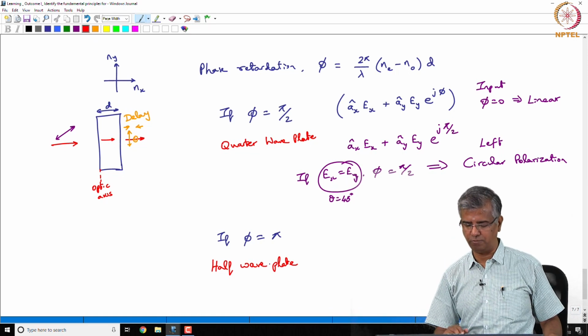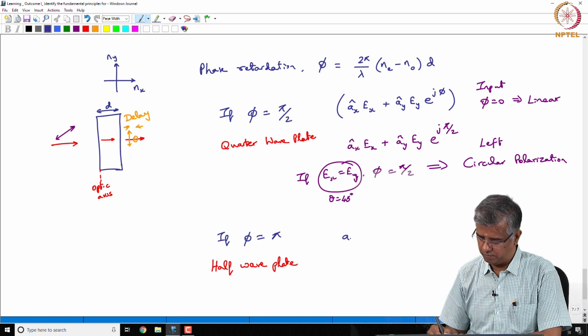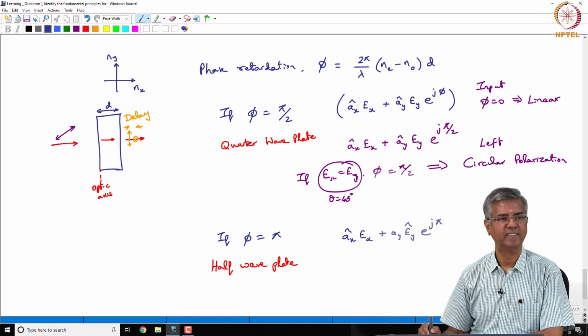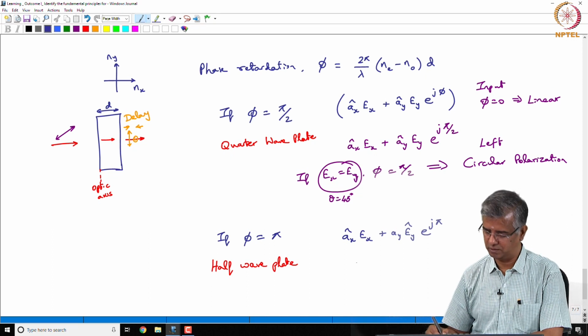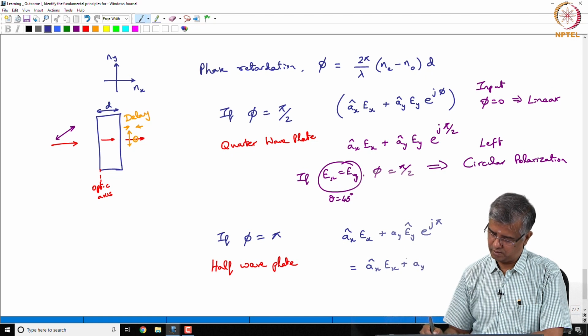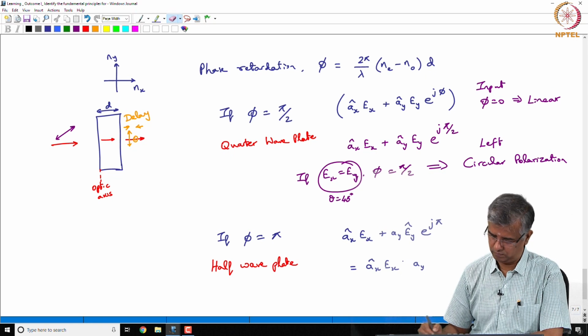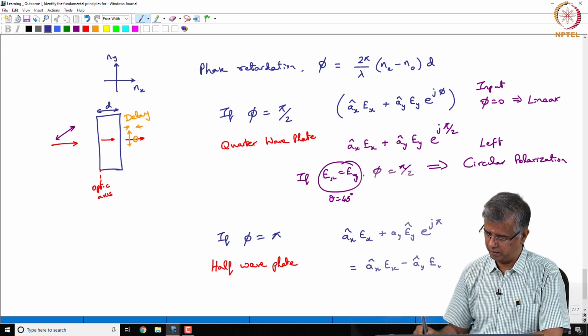If you have this case, then the outgoing polarization will be Ax Ex plus Ay Ey e power j pi. E power j pi is minus 1. So, this is basically Ax Ex minus Ay Ey.